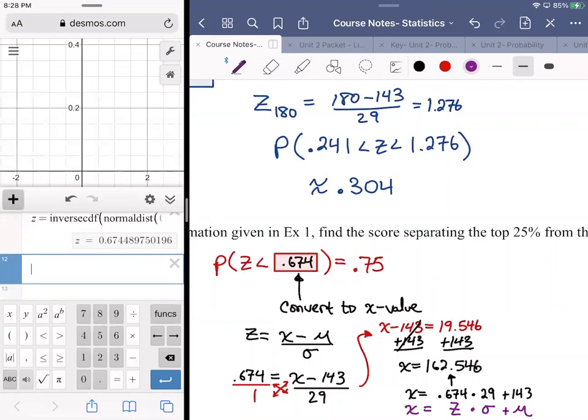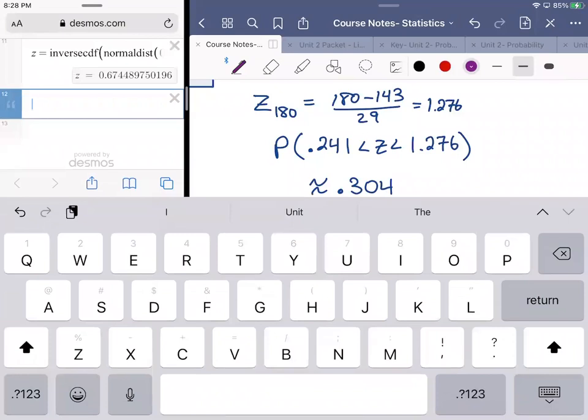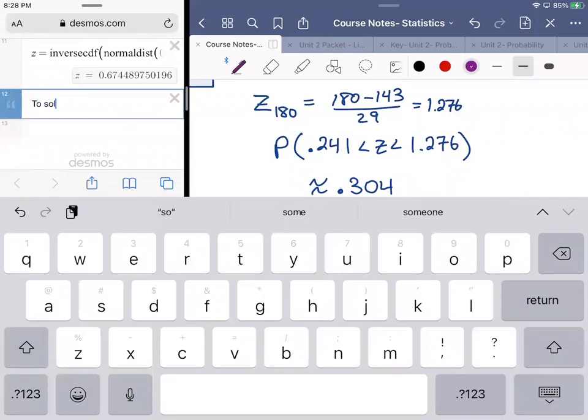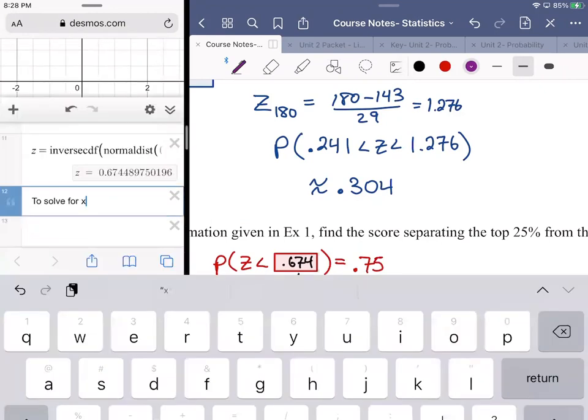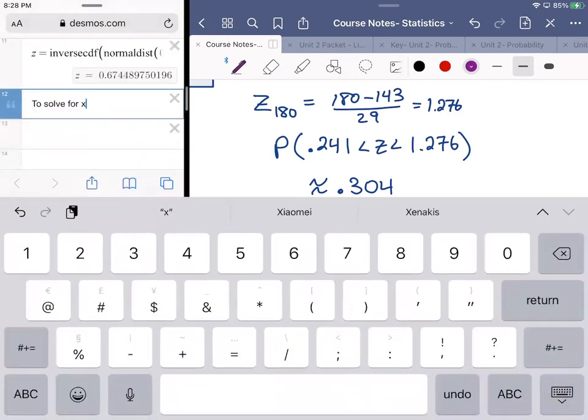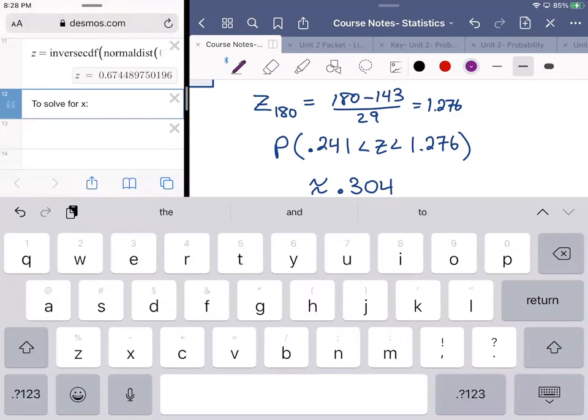So what I would say is solve for x. We need the mean, all right? So I would even elaborate on this. We need the mu and sigma.